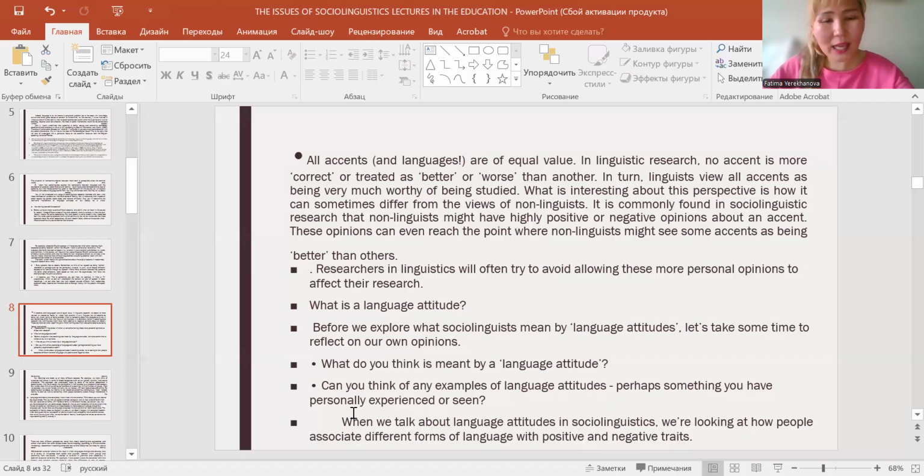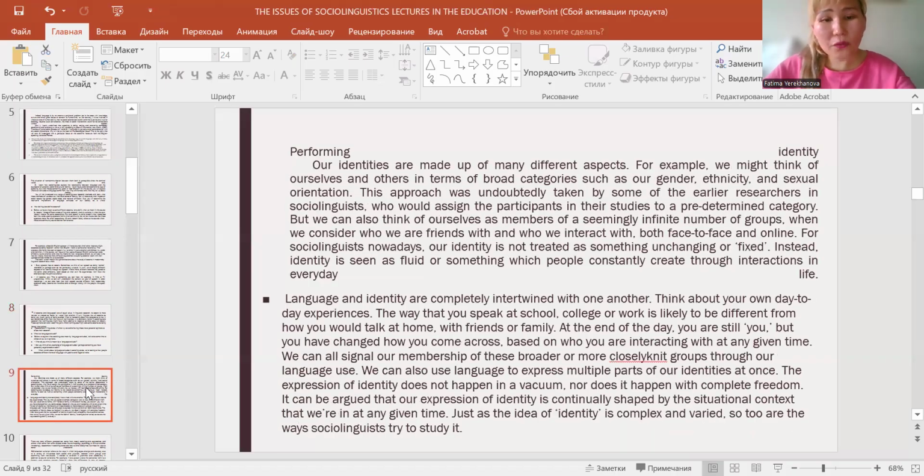So it depends on a certain person, a certain community, and so on. This is also very clear.